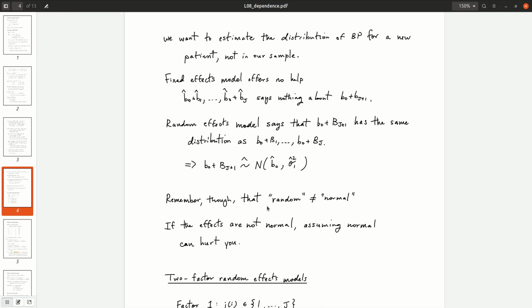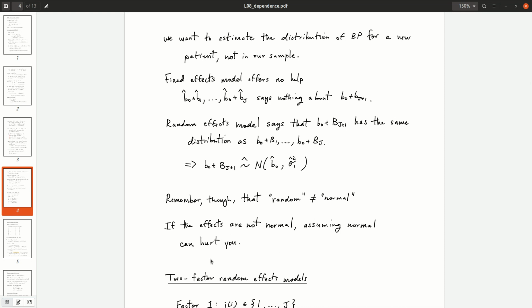For example, if your population has a few outliers with very high blood pressure relative to the rest of the population, then the normal assumption probably won't be good for that population. So if the effects are not normal, assuming normal can hurt you.